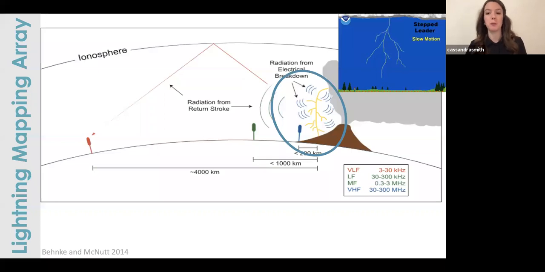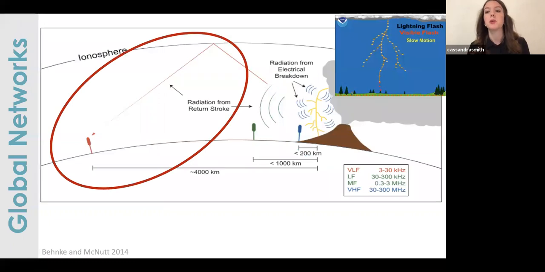Alternatively, if we don't have the ability to set up a local network, we can use the radiation from the return stroke. So that visible flash that you see with lightning emits not only visible light, but it also emits radiation in the VLF, so the very low frequency range. So that's 3 to 30 kilohertz.